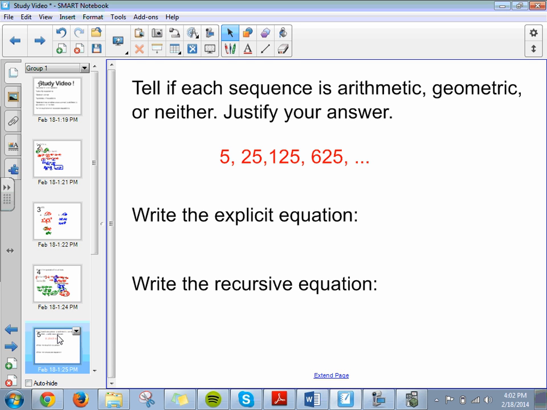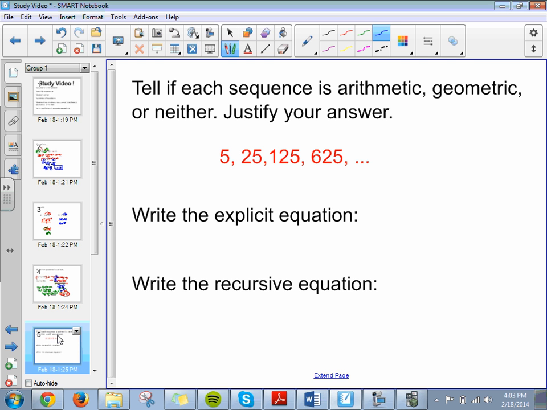Next, now the newer stuff, the stuff we've really been talking about in Chapter 5, dealing with sequences: arithmetic, geometric, and neither. We want to make sure that we can determine what makes something arithmetic, what makes something geometric, really being able to explain our answer. So when we look at this first one, the sequence 5, 25, 125, 625, hopefully we can see that adding isn't going to be very helpful to us because it's growing so fast.